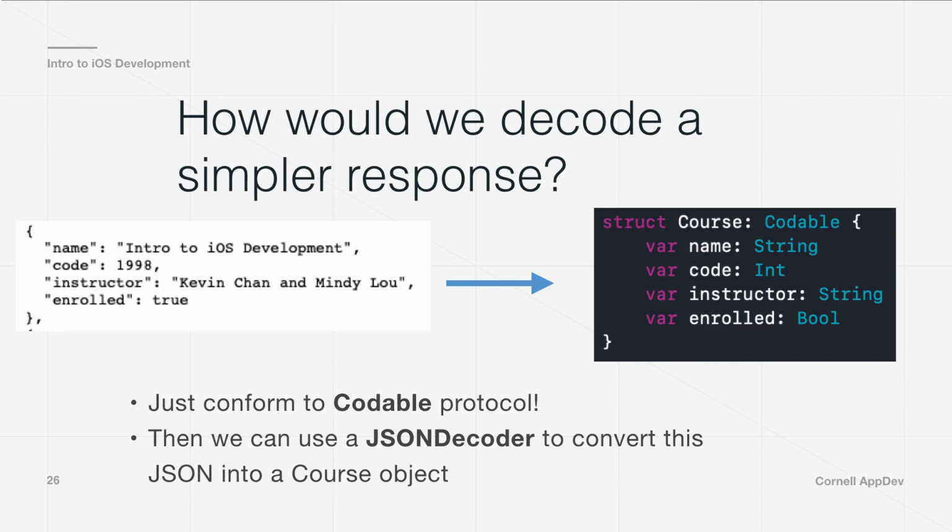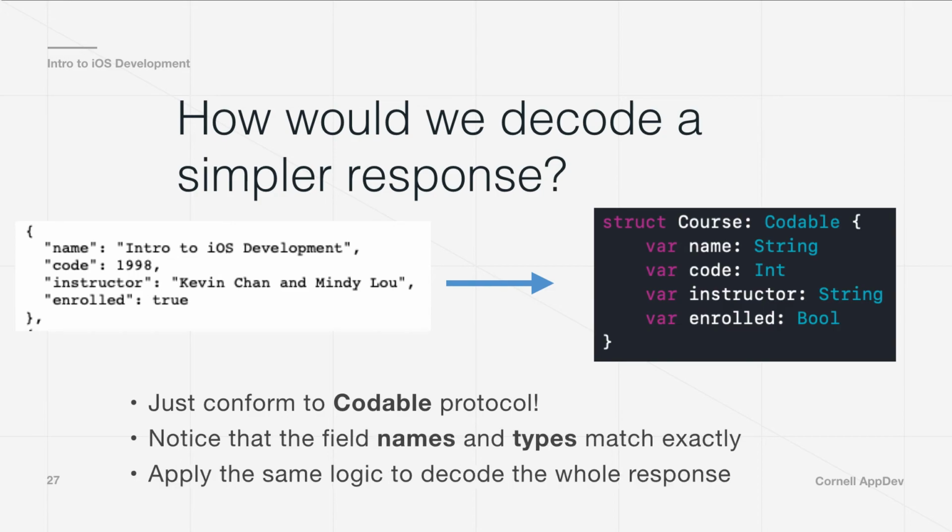But we need to change our model so that it conforms to a new protocol called Codable. All that is saying is that if we create a JSON decoder and take our JSON object, it will immediately decode that JSON object into an object of our custom type. Does that make sense?